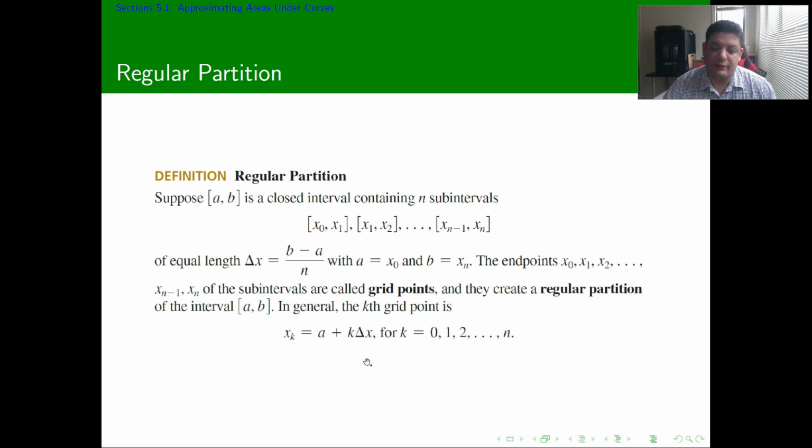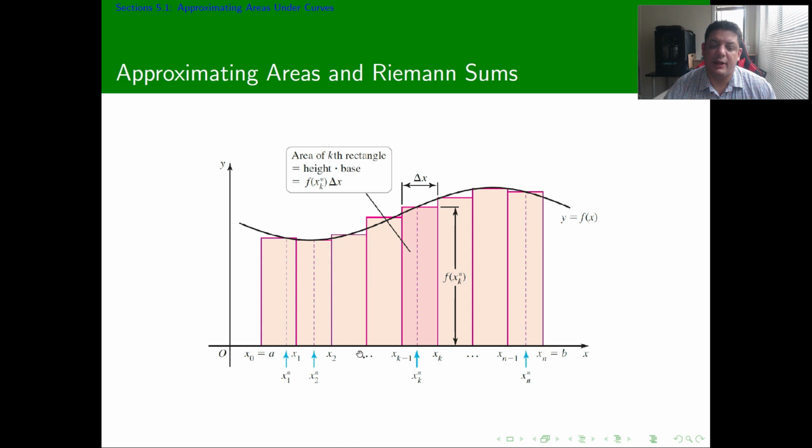Now, with this into account, we can more easily approximate what's going to be the area under the curve. Notice we're taking certain values x1 star to determine where the height of my rectangle is going to be.